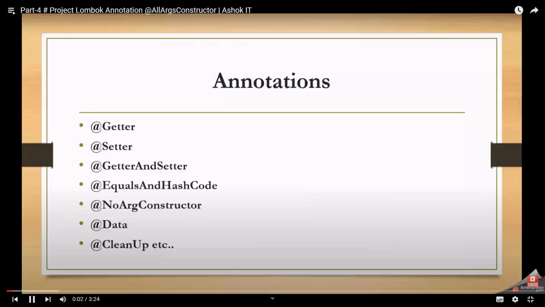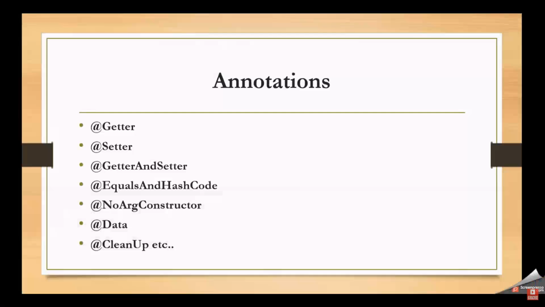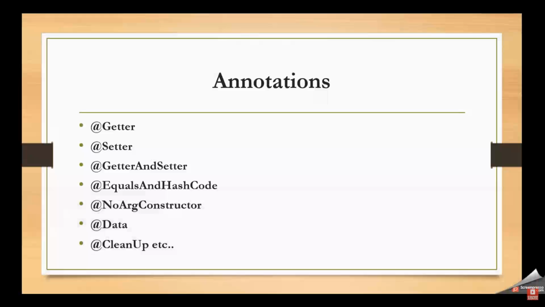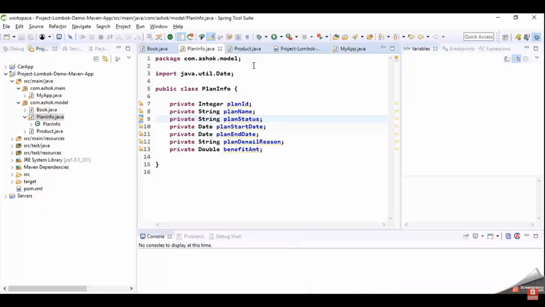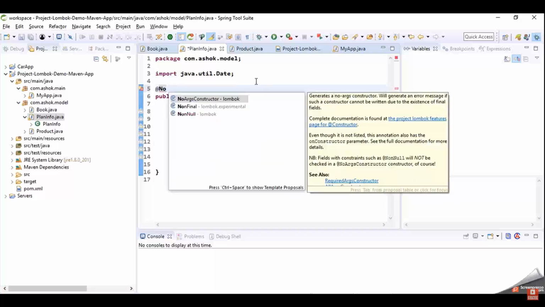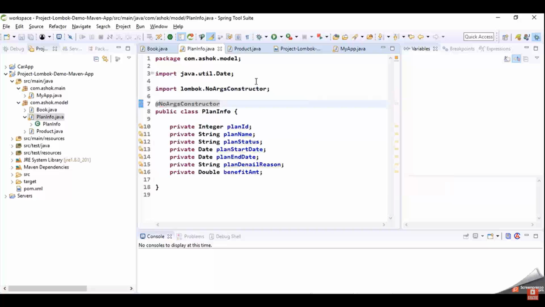Hi friends, welcome back. In the previous video, we have seen some annotations like @Getter, @Setter, @EqualsAndHashCode, @Data. Similarly, we have a few more annotations in Lombok, that is @NoArgsConstructor and @AllArgsConstructor. Now let us see @NoArgsConstructor.